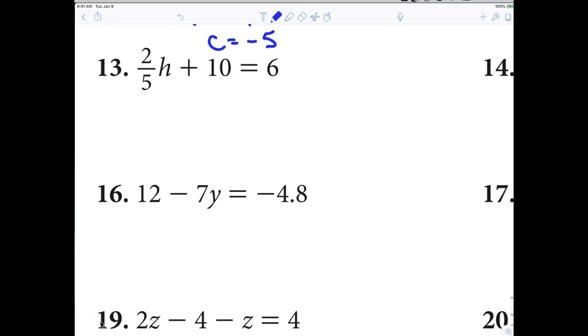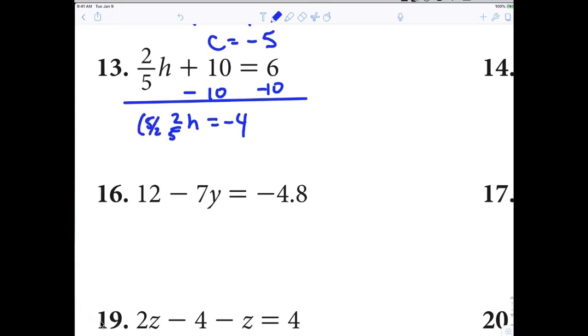What's the first step? Subtract 10, which you can do. Perfect. Now what? You multiply by the reciprocal, so it'll be 5 times -4, which will equal -20.